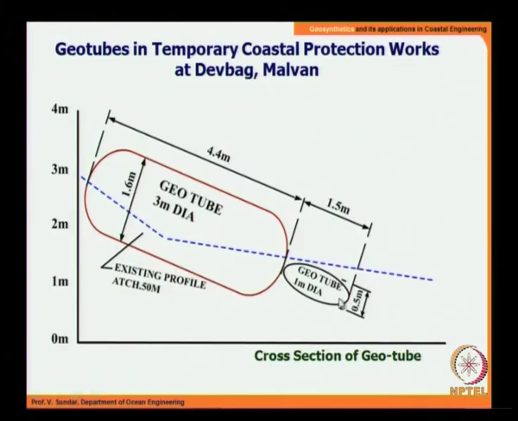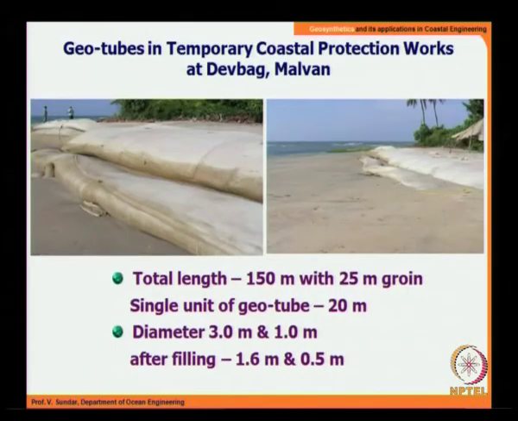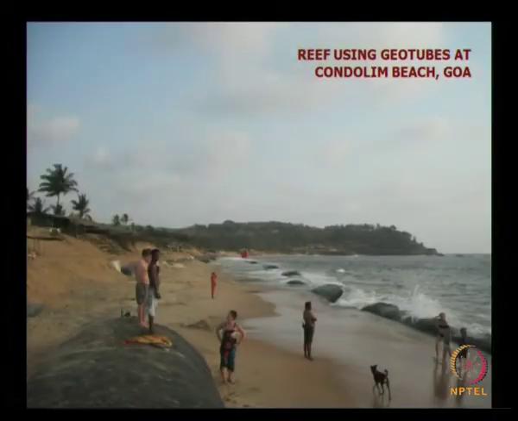The idea was to have geotubes as shown here, one 3 meter diameter geotube and a 1 meter diameter tube, and this 1 meter geotube is just to act as a toe, and this was a site, and this is the kind of implementation they had for this area.